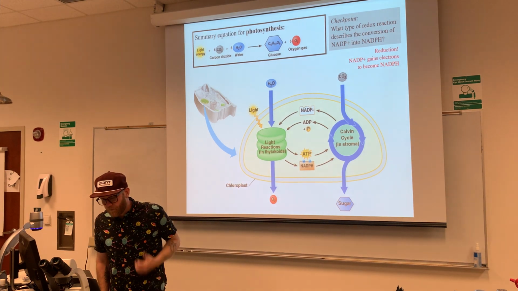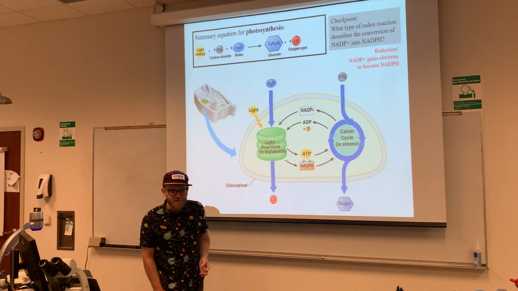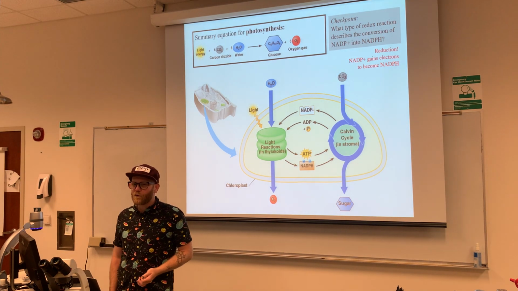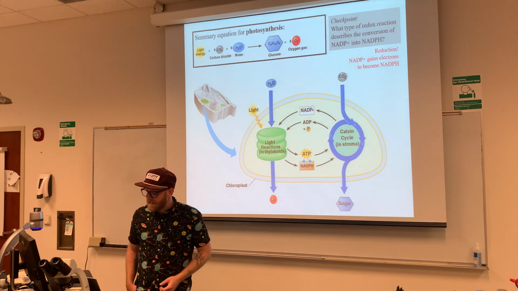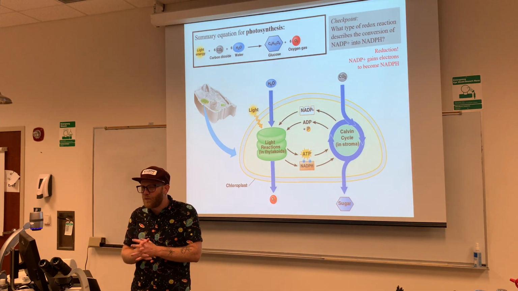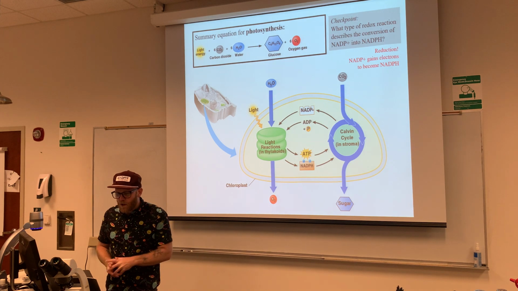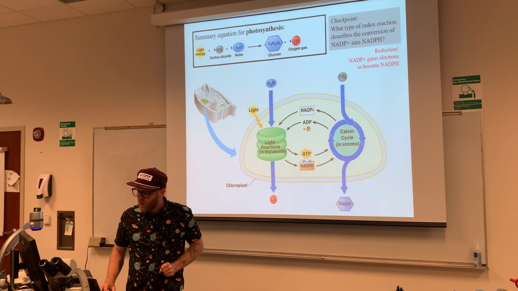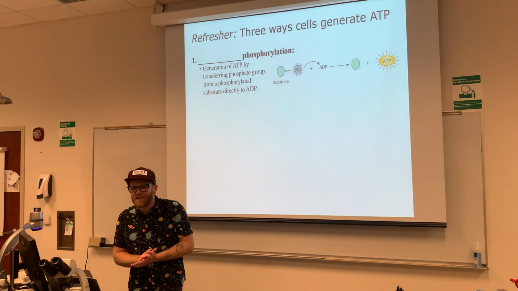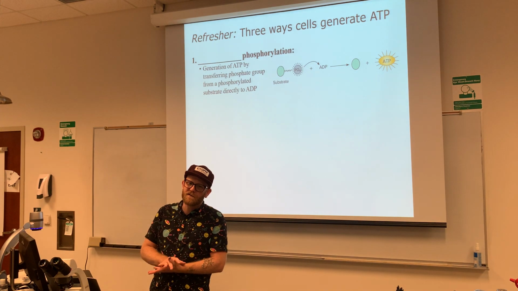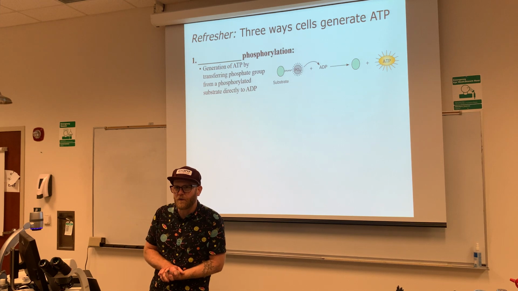We'll get there. But in the meantime, we've officially arrived at the third way that cells generate ATP. Okay, the third mechanism for ATP generation. We have one more hurdle to jump over before we get there, which is a refresher of the previous two that we discussed in chapter 6 when we discussed that wonderful process of cellular respiration.